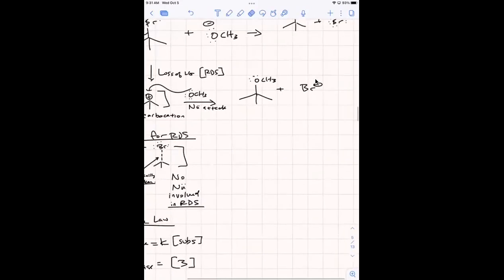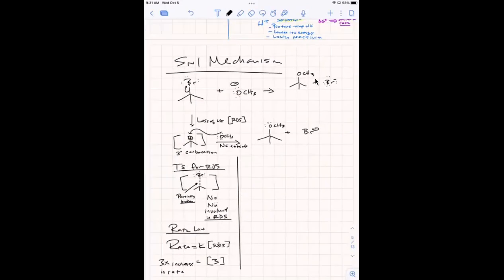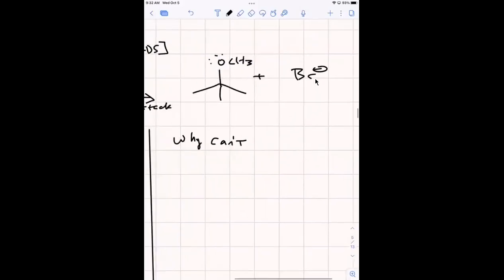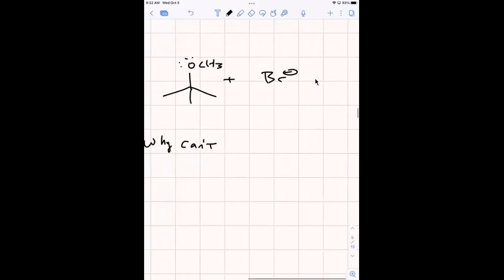So we know what the rate law is. A tertiary substrate like that would never do SN2, right? If that was the case, what's the approach of your nucleophile in an SN2?